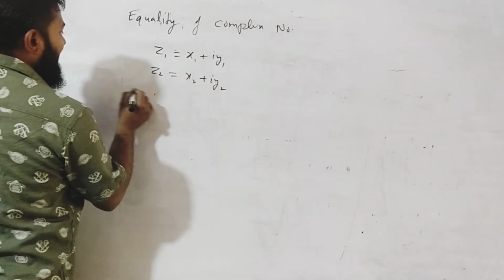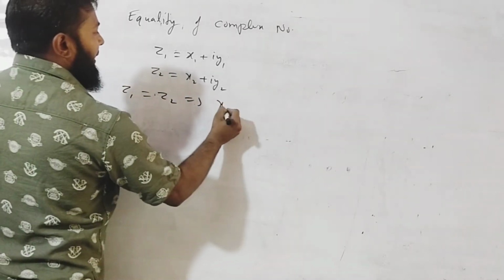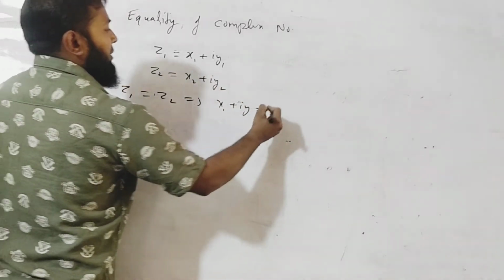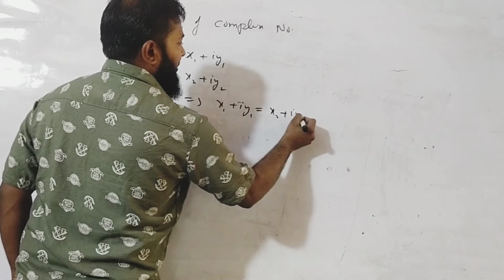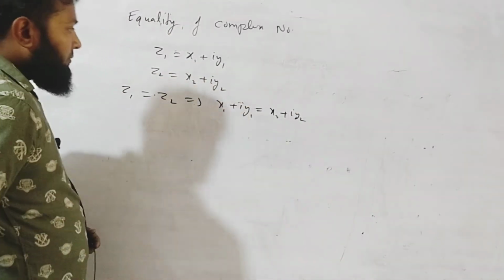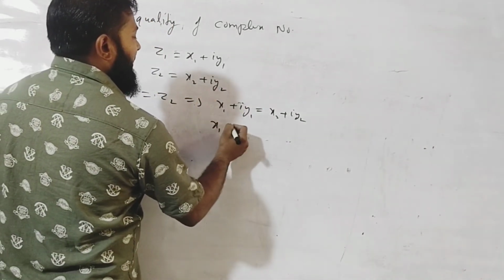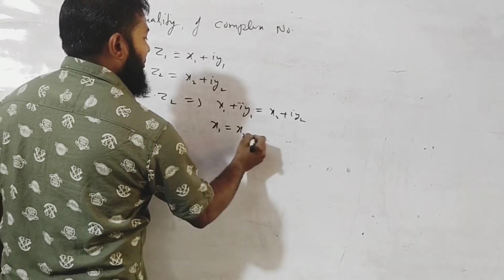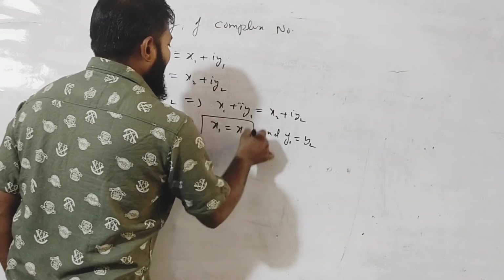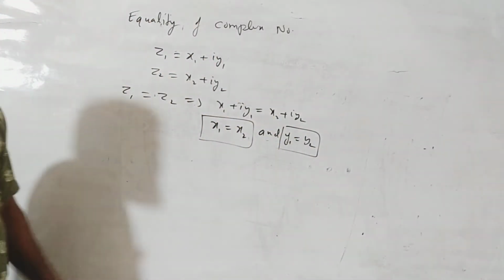It means z1 equal to z2 implies that x1 plus iy1 equals x2 plus iy2, which means x1 equals x2 and y1 equals y2. You will have to learn this.